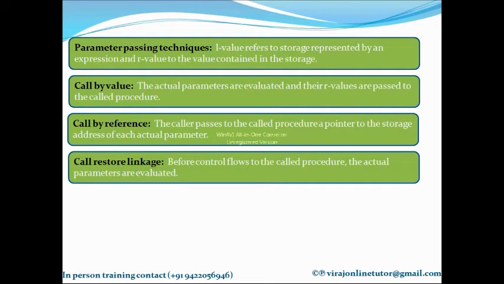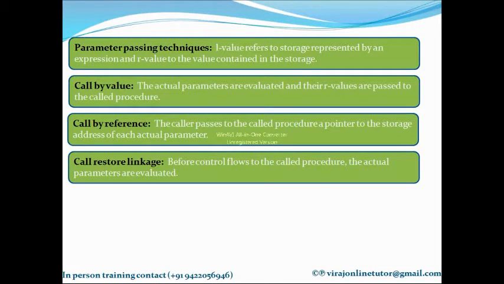Whenever you write a program and you write A is equal to B, what it means is whatever is on the right hand side, the value of B, you assign it to A, which is on the left hand side of equal to. Whatever is on the left hand side of equal to is called L value, or location value. And whatever is on the right hand side of equal to is called R value.